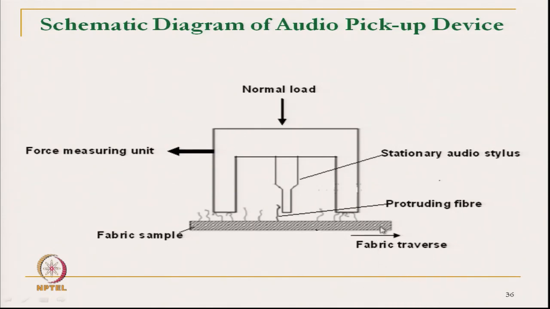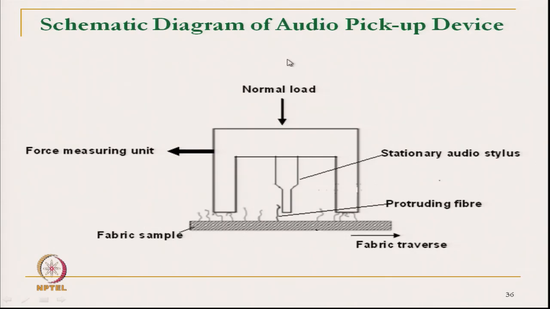So, the buckling takes place at this point and this point. So, buckling of the fibers takes place at this point, and this is the stationary audio stylus which senses the bending force. Now, with this arrangement, if we start moving the fabric, this is the stationary measurement.